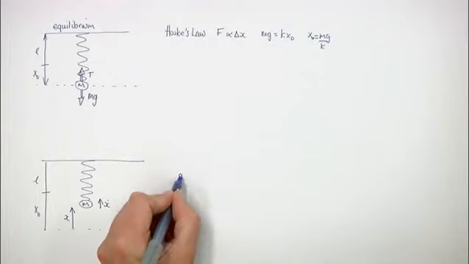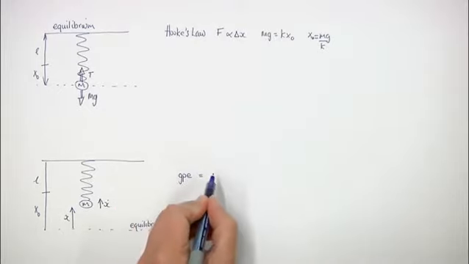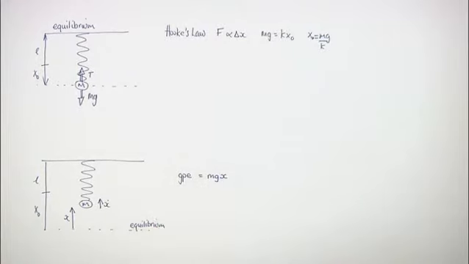It's got gravitational potential energy given by its change in height. So the gravitational potential energy is mg times x.